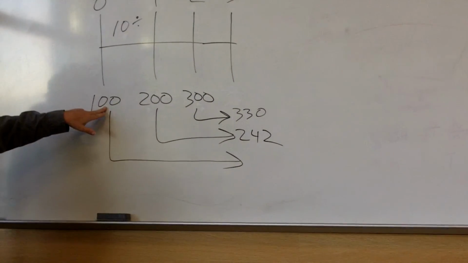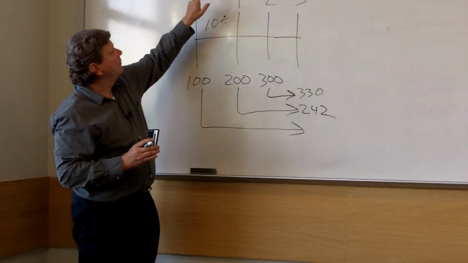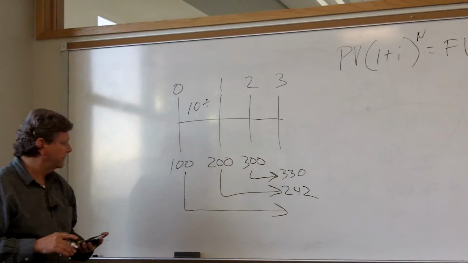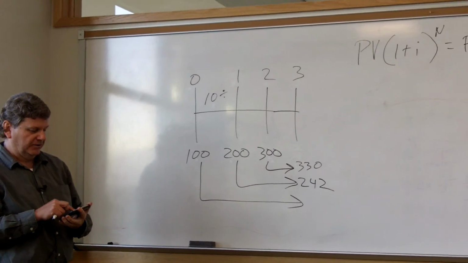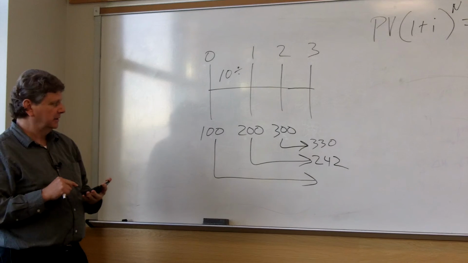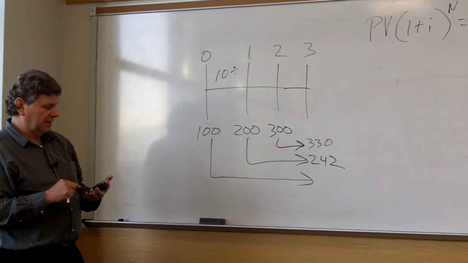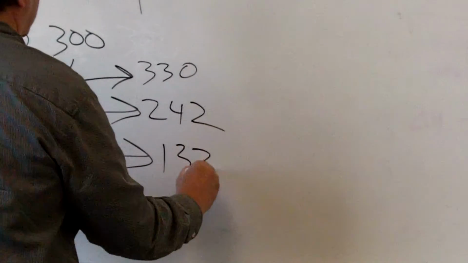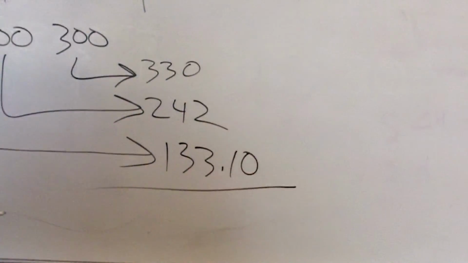Investing $100 today is going to grow for 1, 2, 3 periods and be worth how much? 100 is the present value. 3 is N. I is 10. Future value 133.10.